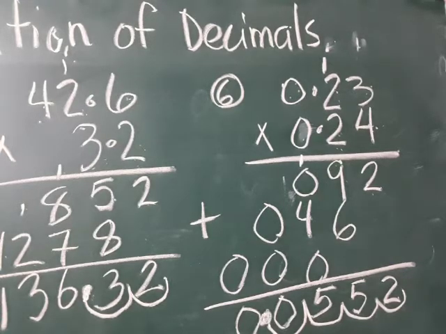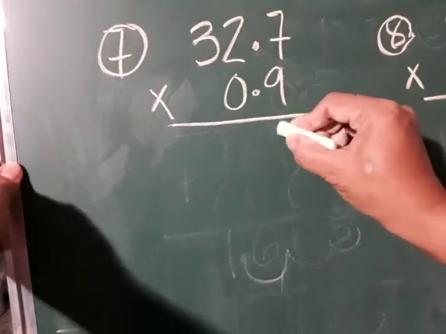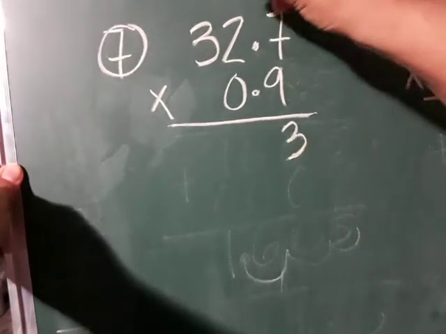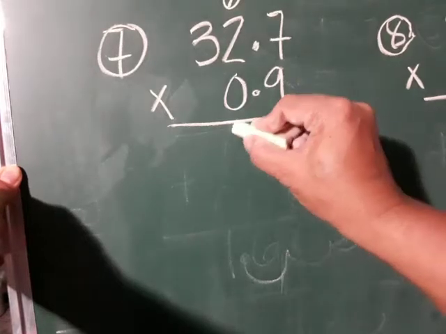So I'll give you at least 4 more examples. So for number 7, we have here 32.7 times 0.9. So 9 times 7 is equal to 63. 3, carry 6. 9 times 2, 18 plus 6 is 24.